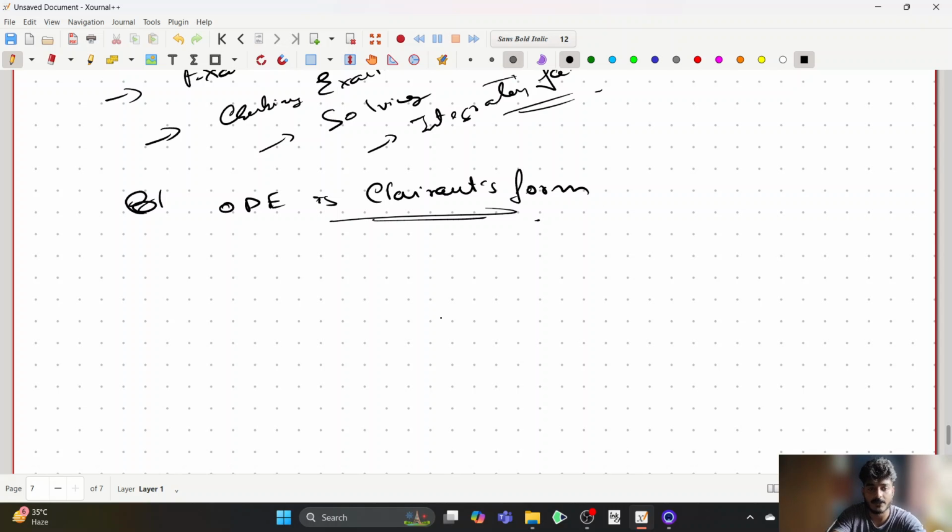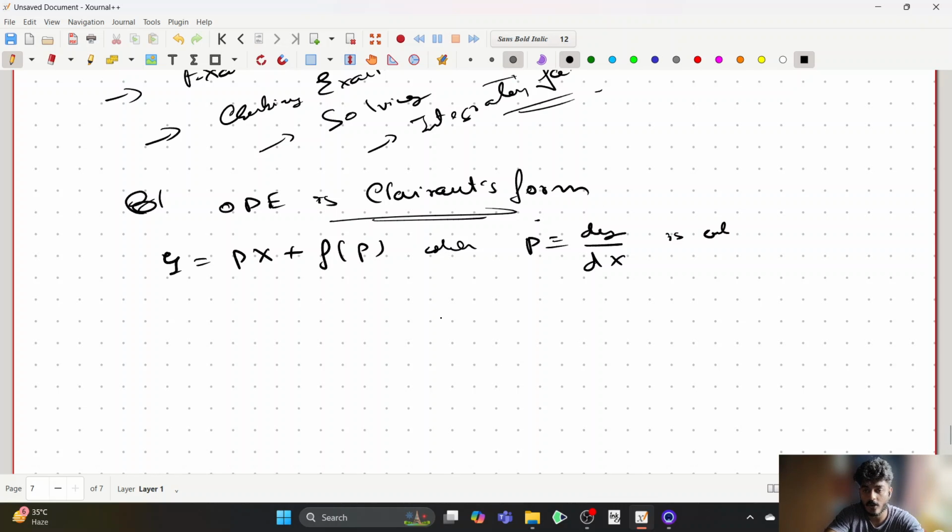So what is this form basically? y = px + f(p), where p is identically the function dy/dx, is called the Clairaut's equation. Clear? I want to solve this equation. Okay, so let's try and solve this equation.